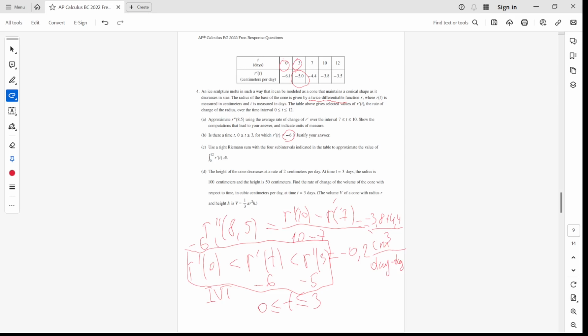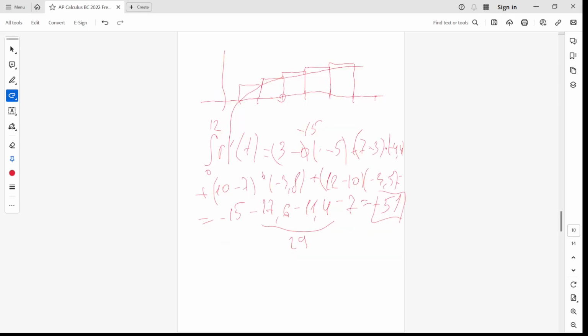And for the last part, we need to find the rate of change of the volume. So we need to differentiate the volume, which is V equals 1 over 3 pi r squared h. And of course, r is a variable and h is a variable.